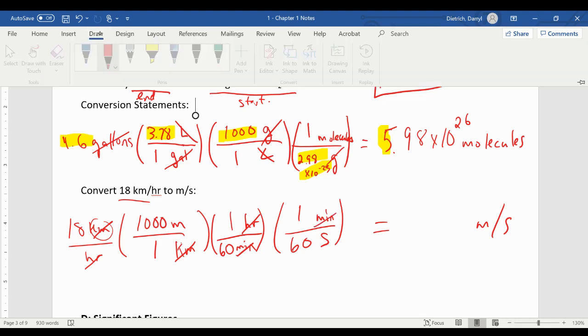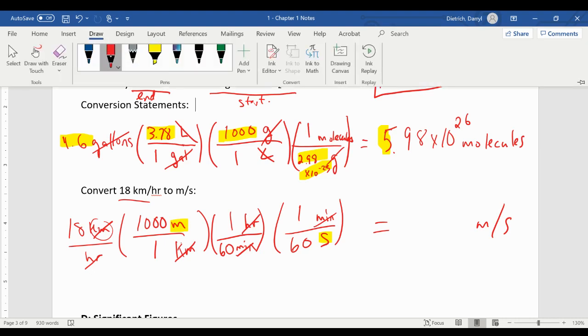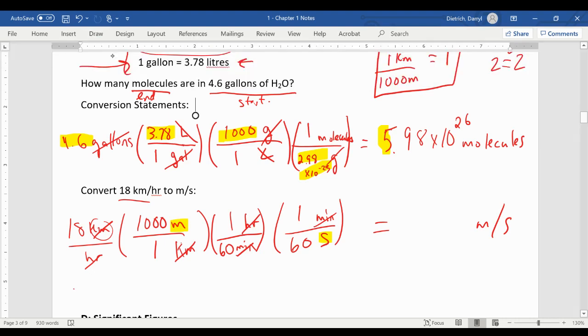And what we'll be left with, just looking at the units, is meters per second. All I've done here is multiply by 1 the whole way along. I can multiply any number by 1 and not change it. So 18 times 1,000 divided by 60 divided by 60, you should end up with 5 meters per second.